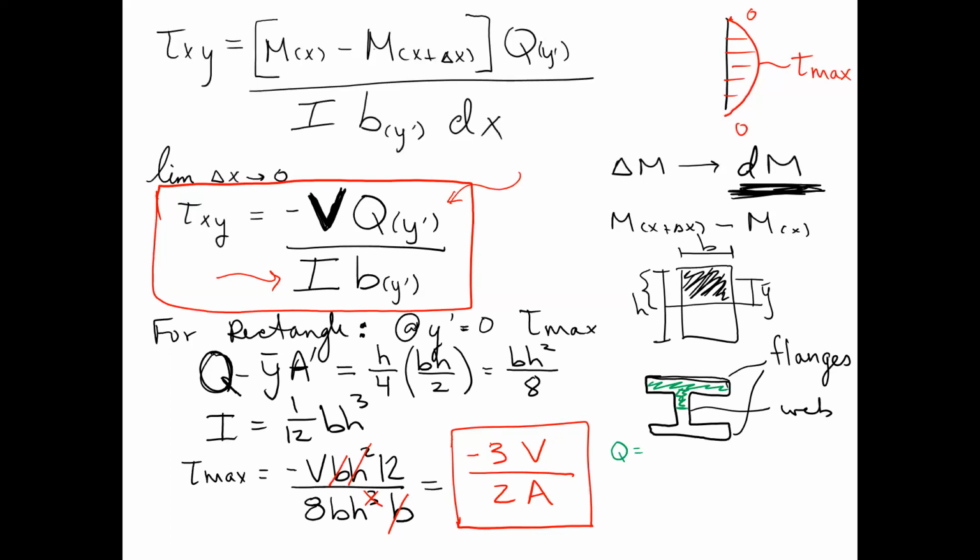You're going to need Y bar times A prime, which now gets broken up into two components.